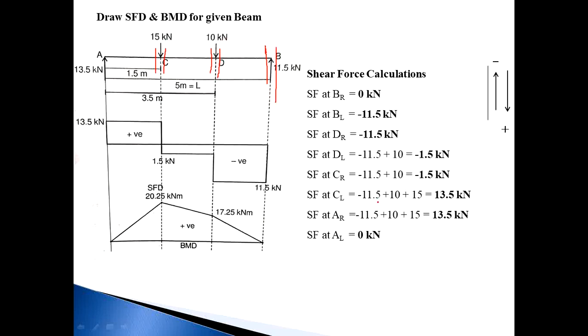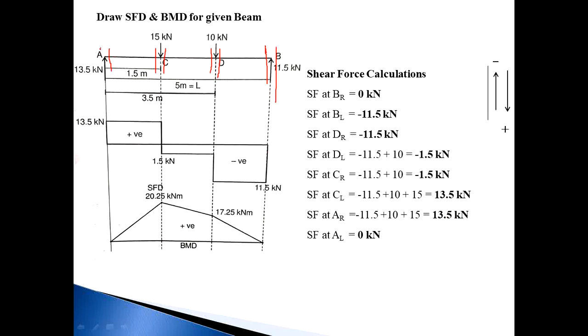So minus 11.5 plus 10 plus 15 is equal to 13.5 kilonewton. Then next consider AR, and once again consider the right side of the section. The number of forces on the right side is 1, 2, 3, same as CL. So minus 11.5 plus 10 plus 15 is equal to plus 13.5 kilonewton.